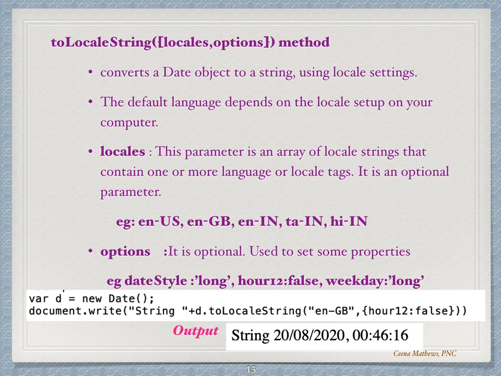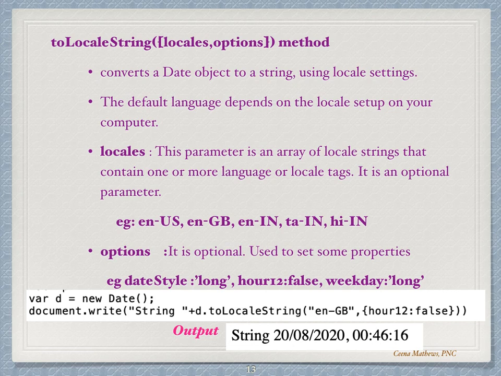There are various legal values like full, long, short, etc. You can use any of the values in which you want to display the date style. And hour12 can have two values, true or false. If it is true, it will display the 12-hour format for time. If it is false, it will display the 24-hour format.